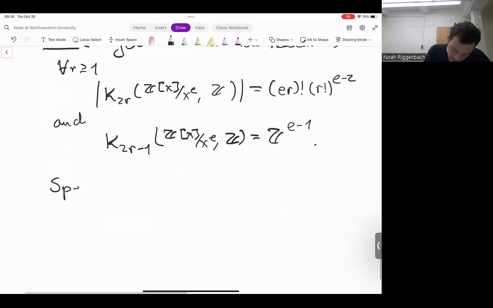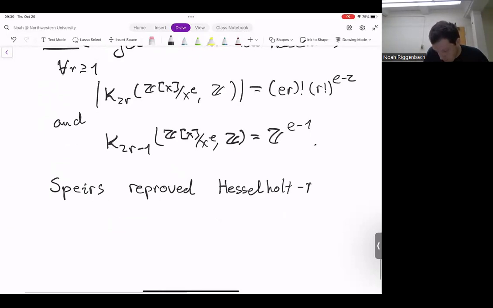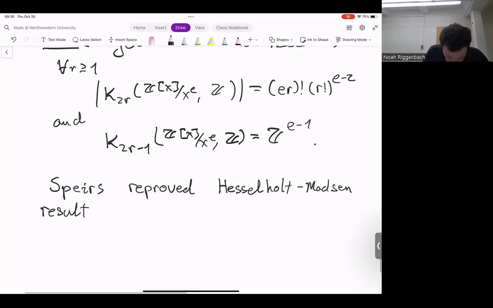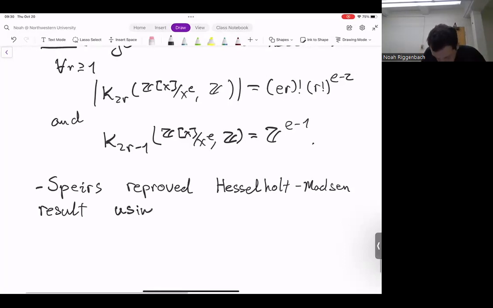So I'll say that Martin Speirs reproved this Hesselholt-Madsen result using the Nikolaus-Scholze approach, which I'm going to abbreviate as NS. And it was almost completely a purely algebraic computation. There was very little homotopy theory needed.